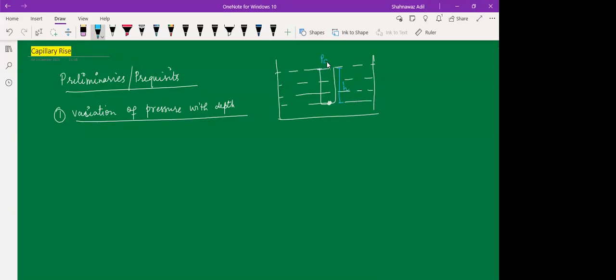Let's say this is A, and at this point, let's say this is B. The pressure would be the atmospheric pressure at the top plus rho gh. Right, guys? Yes, sir. That is how the pressure varies. So P2 is P1 plus rho gh.